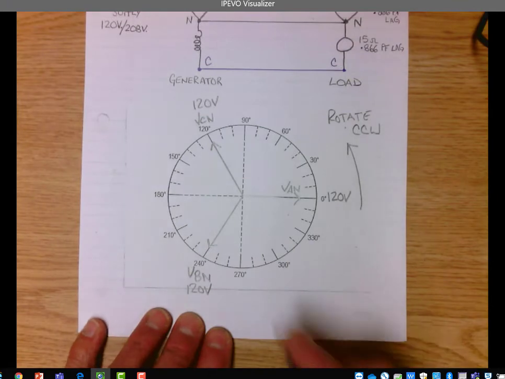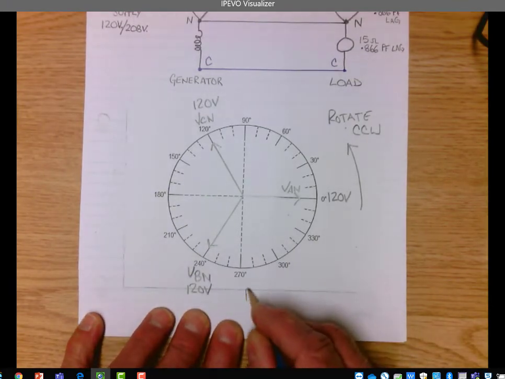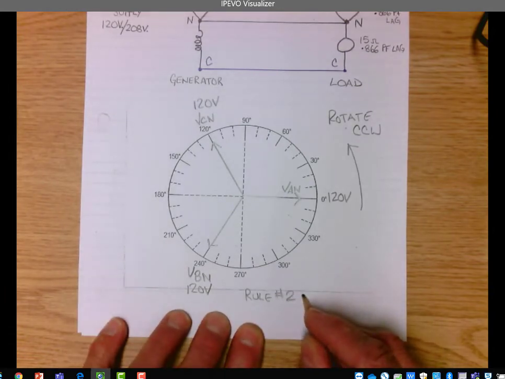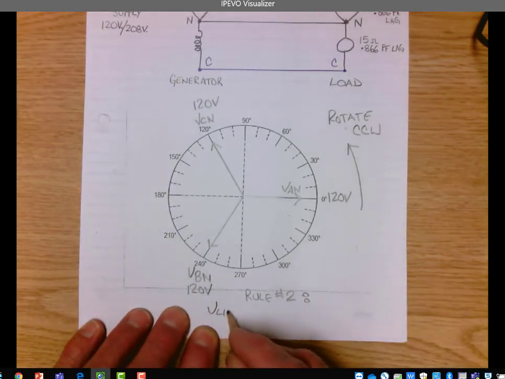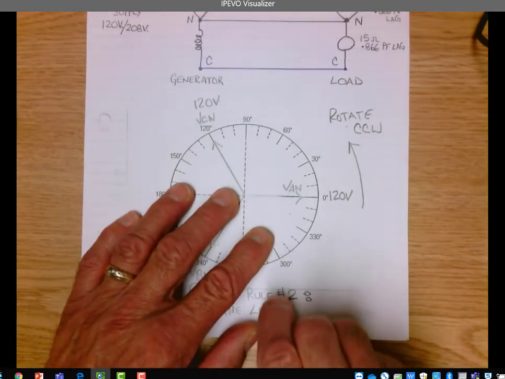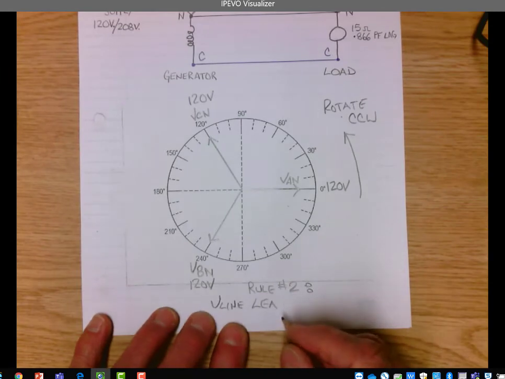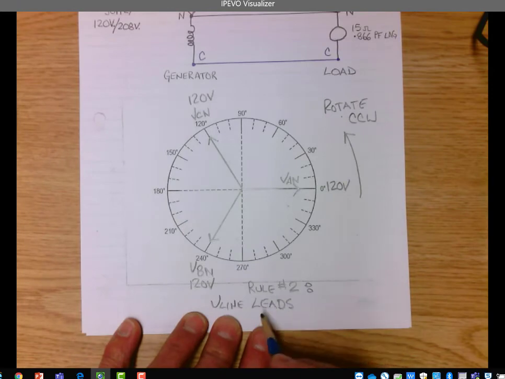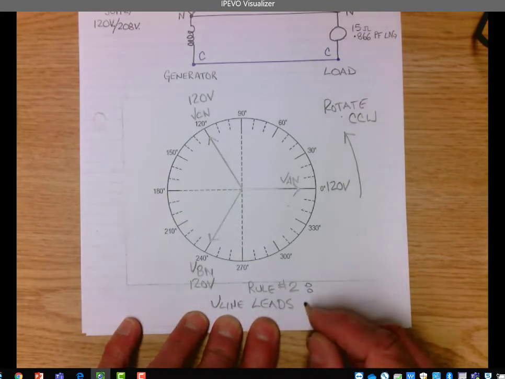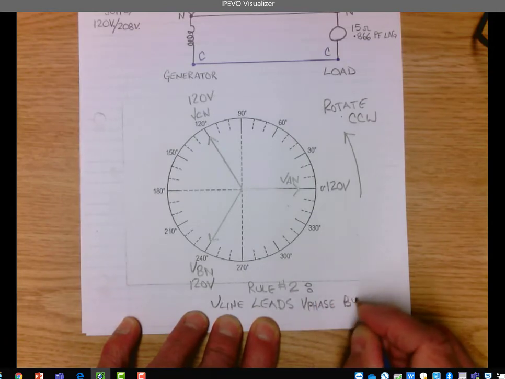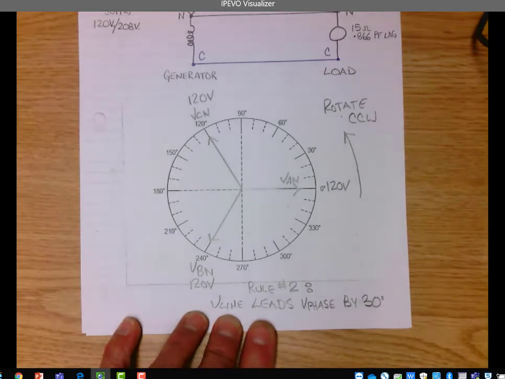Another rule for Wye systems, we could call this rule number 2, is V line leads V phase by 30 degrees.